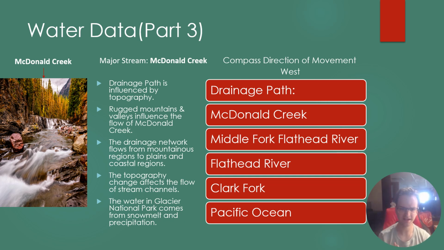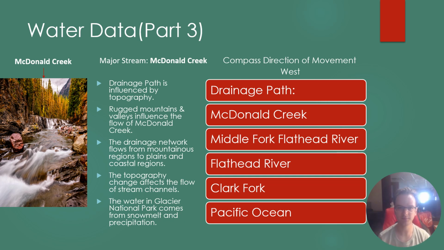And we can kind of see this because of the topography of Glacier National Park. You see that it's very hilly, mountainous, very rugged, and this can actually influence the drainage path. So the drainage network ends up flowing from a very mountainous region all the way to the coastal regions and plains.